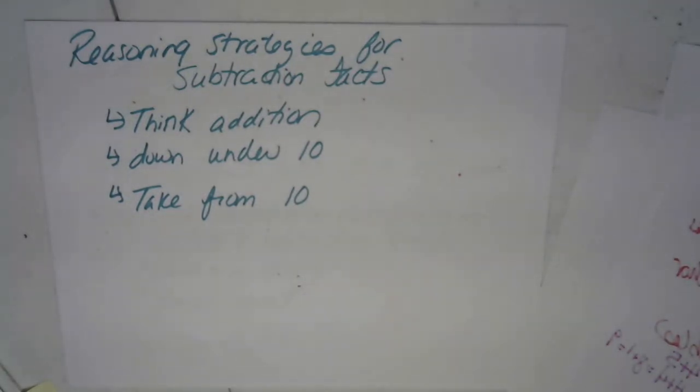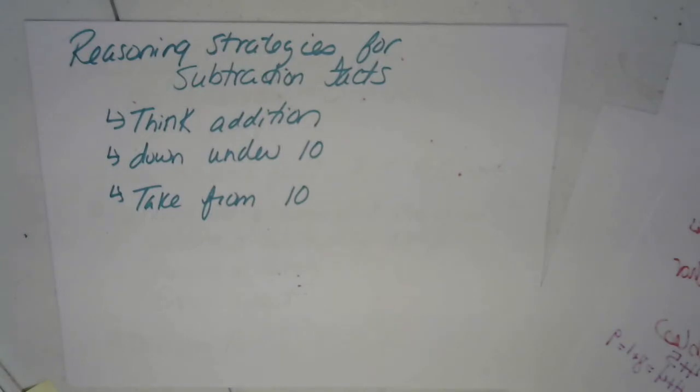Therefore, make sure that you spend sufficient time working on reasoning strategies for subtraction to help students move to phase 2, which is the reasoning strategy stage. You want them to move from counting on to reasoning strategies, and then eventually to mastery or automaticity, where they just know those facts like that.